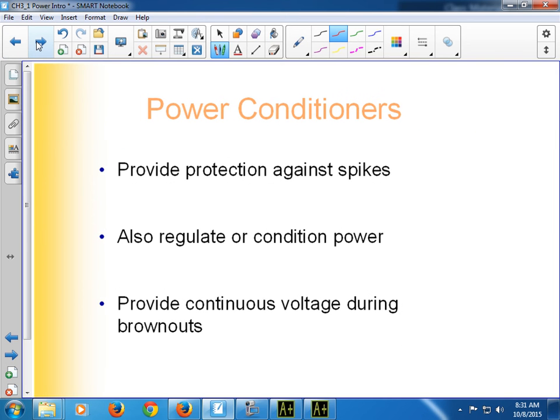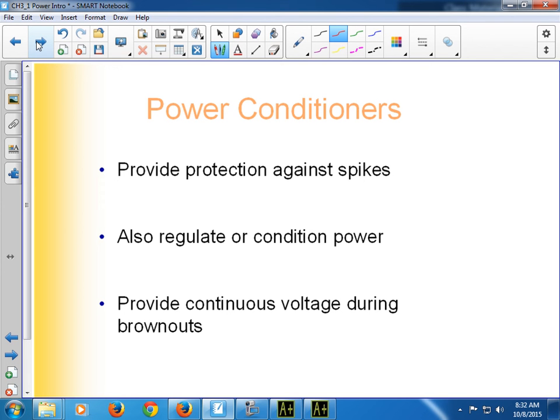Power conditioners protect against brownouts and spikes. So when I have a matching question on this, and I say which thing protects against which, power conditioners match up with brownouts. Yes, they also do spikes. Surge suppressors only do spikes. So power conditioners protect against spikes, but also against brownouts.